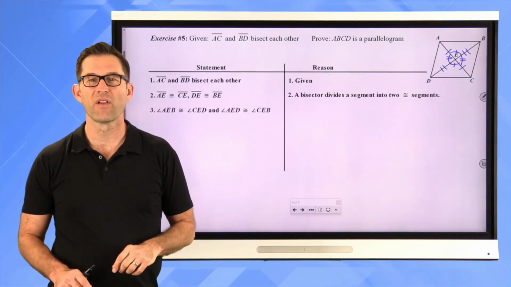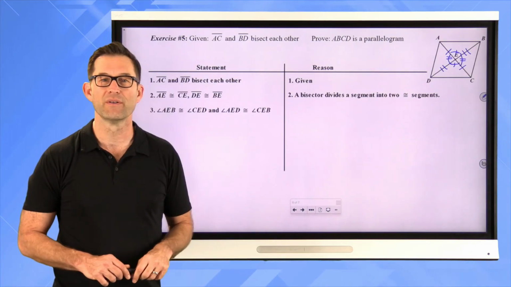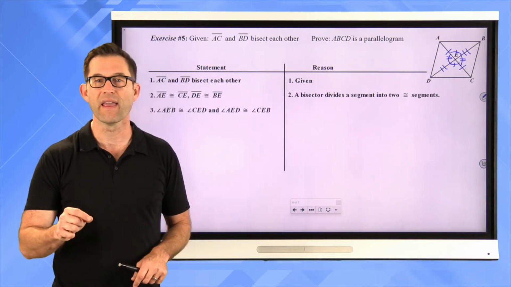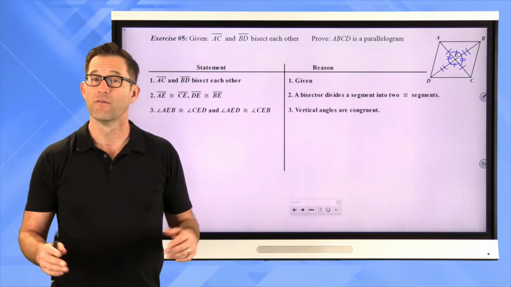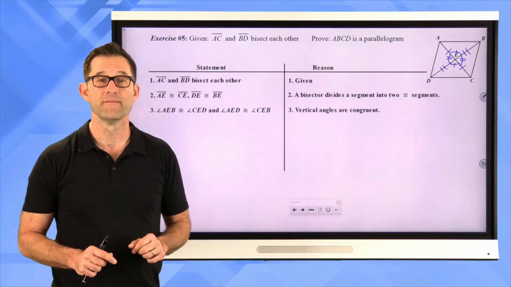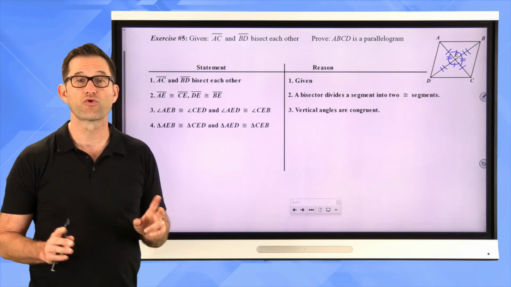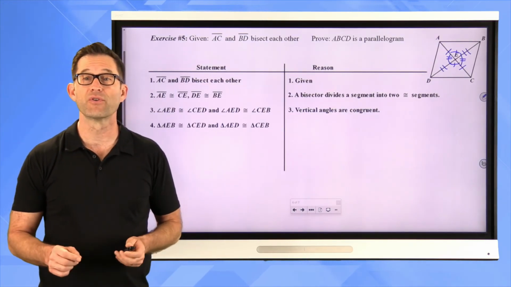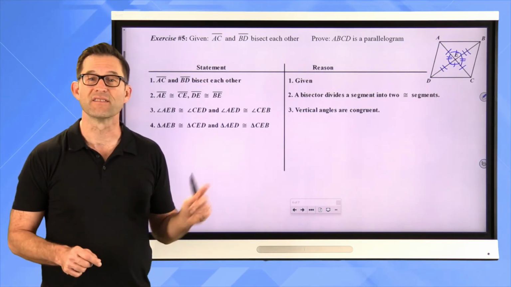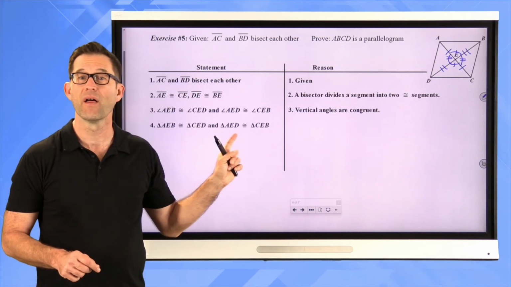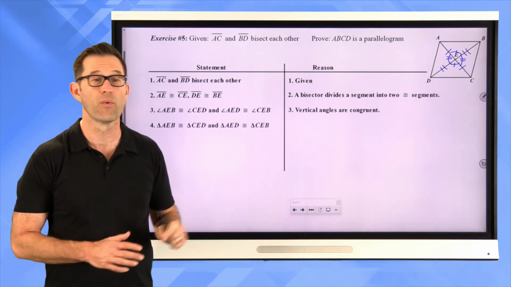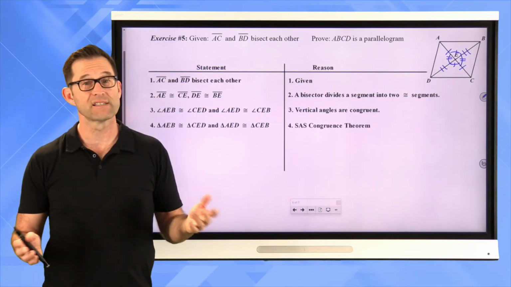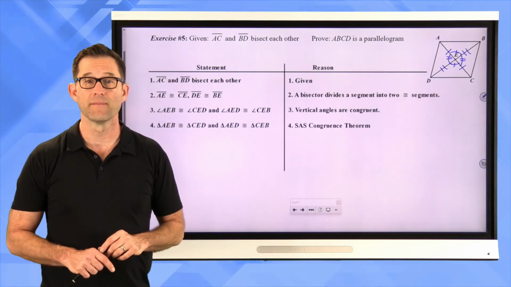Now here come our vertical angles. Angle AEB is congruent to angle CED, and angle AED is congruent to angle CEB, and that is because vertical angles are congruent. And now we can say that triangle AEB is congruent to triangle CED, that's the top triangle is congruent to the bottom triangle, and AED is congruent to CEB, that's the one on the left is congruent to the one on the right, and that's by the side angle side congruence theorem.